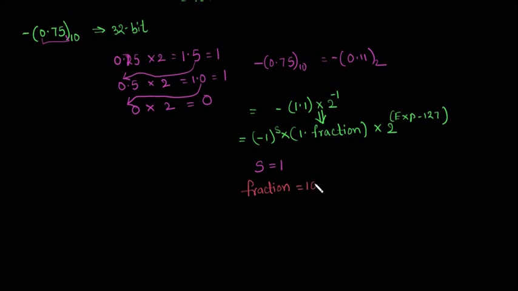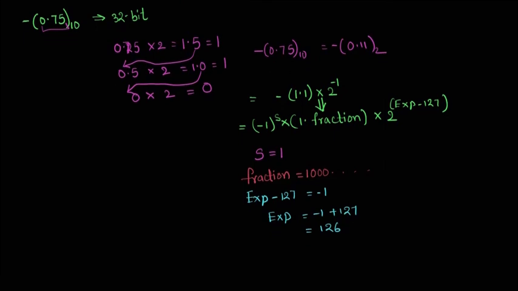We can append as many zeros as the 23-bit fraction value requires. And what is the exponent value? This value equals this value. So exponent minus 127 equals minus 1. Exponent equals minus 1 plus 127, which is nothing but 126.